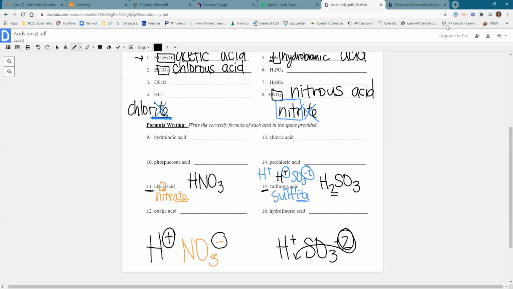That also applies for the nitric acid, number 11. Since it was a -1, there's only one H. So if you had a -3, then that means you would have 3 H's. Does that make sense? Okay.